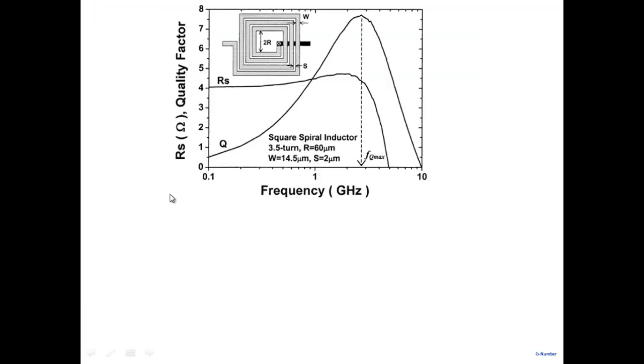And so note that the quality factor that I get for an inductor, so we are talking about inductor 3.5 turns, R equal to 60. Do we see a value of the inductor here? Inductor would be somewhere in nanohenries. It's okay.